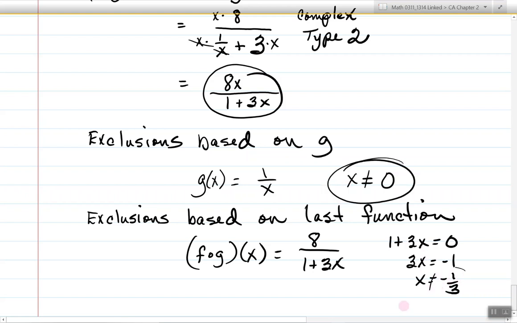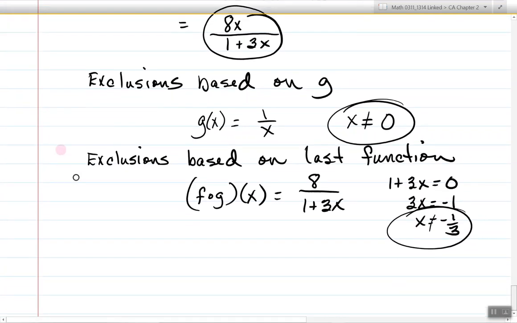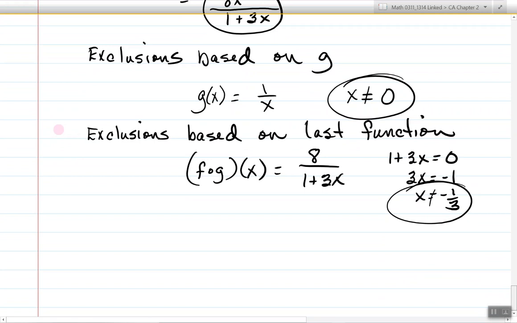It would be so nice if you could just say that in words, but MyMathLab wants it in intervals. So think about the number line with negative infinity and positive infinity. Negative 1/3 would be, say, here. 0 is bigger than negative 1/3. It would be there. These must be excluded.